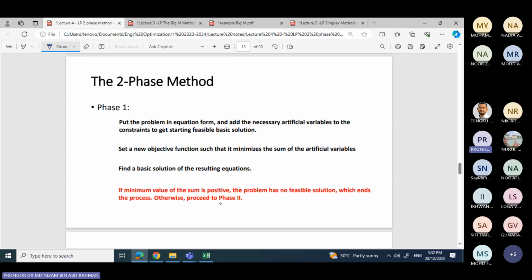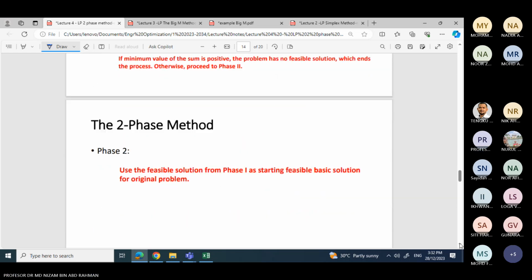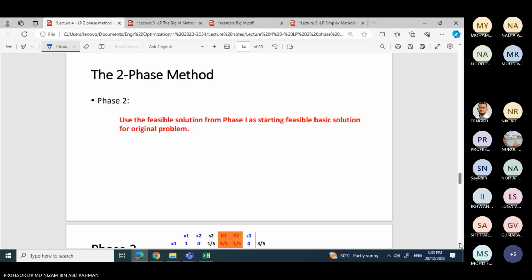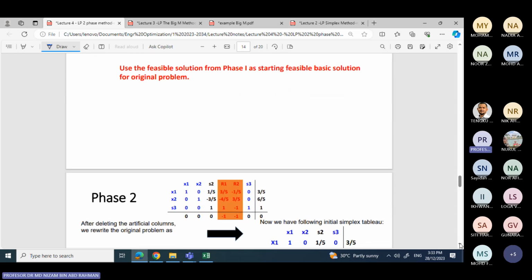So since the minimum value of the sum R equals R1 plus R2 is non-positive, which is 0, we proceed to phase two. So let's look at what happened in phase two. In phase two, we use the feasible solution from phase one as a starting feasible basic solution for the original problem, right?